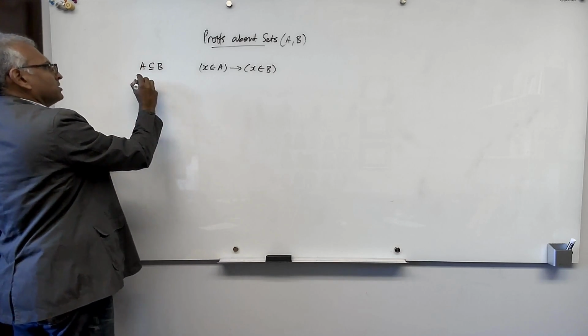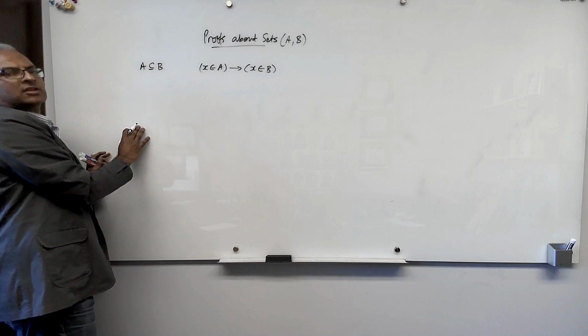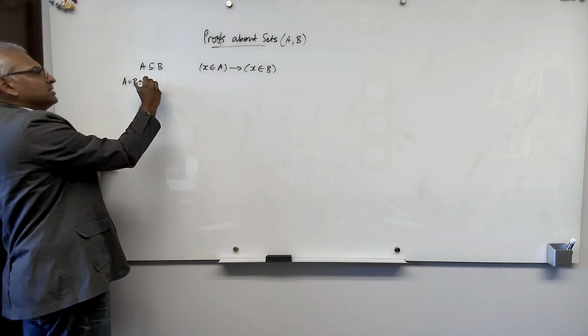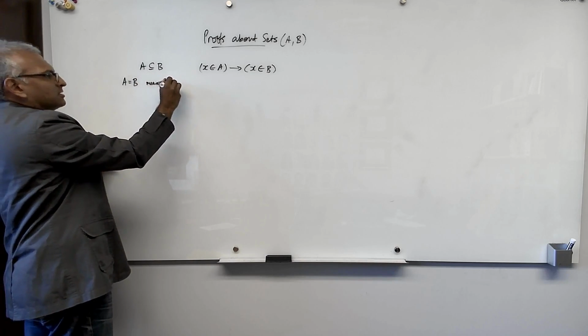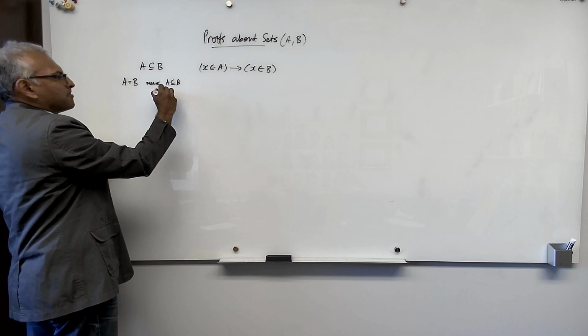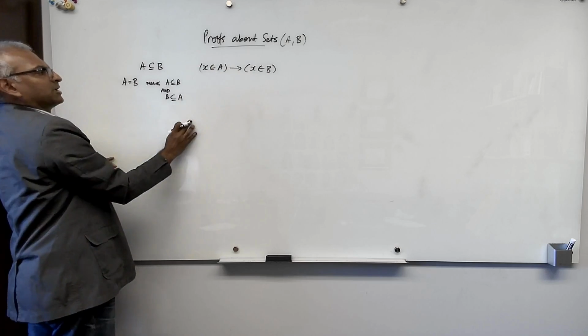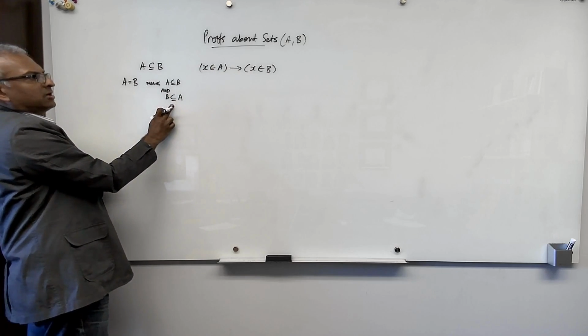Okay. Now, set equality is the other type of thing that we like to prove about sets. So A equals B, and that means A is a subset of B, and B is a subset of A. So this is two implications, because each subset relationship here is an implication.